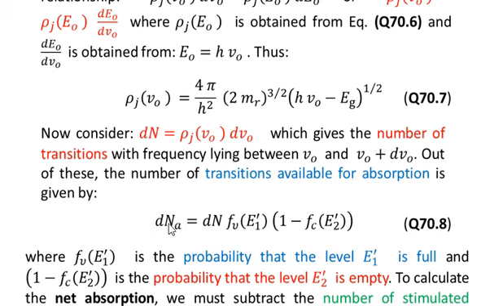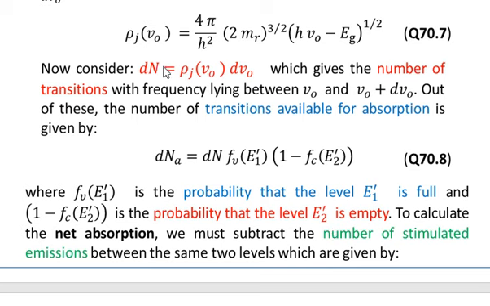A stands for absorption, that is the elemental absorption transition. dnA is equal to dn, as we have stated above, multiplied by Fv of E1 prime multiplied by 1 minus Fc of E2 prime. So dn represents the total number of transitions. Now we are multiplying it with the two terms, Fv of E1 prime and then 1 minus Fc of E2 prime.